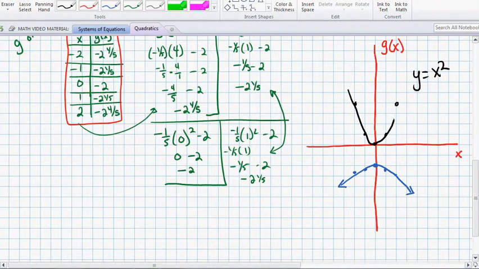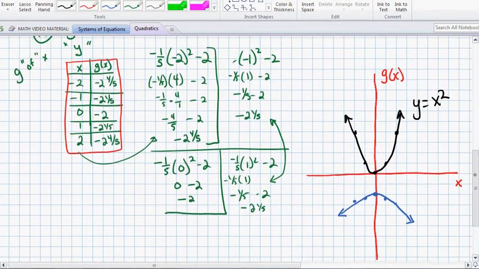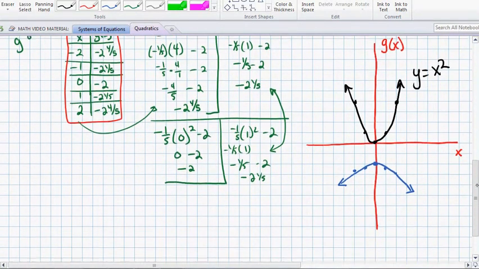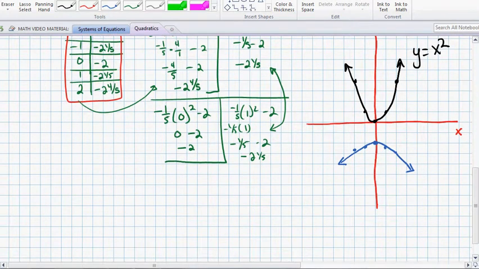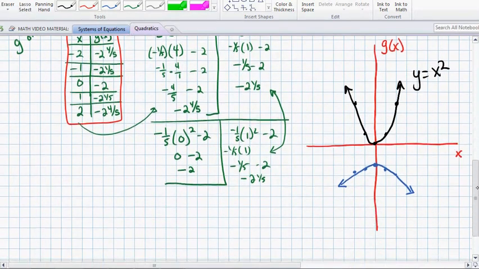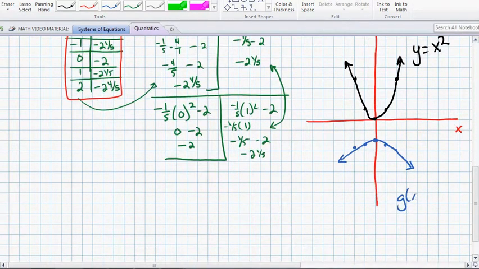Here's the parabola. That is the graph of y equals x squared. So how are these two graphs different? Well, there are two things that are different about this one. So in this case, my graph of g of x, -1/5 x squared minus 2.